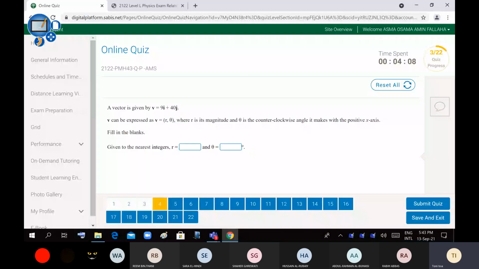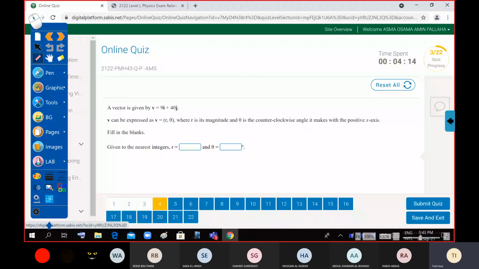Question 4. How can we find the polar coordinates? We can see that the vector v is given. So the vector v here is given like that. R is the magnitude, so simply R will be the square root of 9 squared plus 40 squared. And once you do this, you will get an answer of 41. How can I find theta? I always check x first.